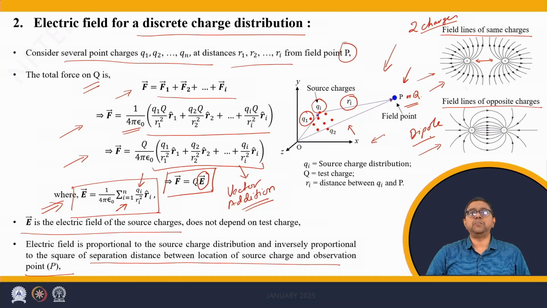This is a dipole configuration where we can see the field lines emanating from the positive charge and converging on the negative charge. Whereas in the case of the coupled charges, the field lines tend to move away from the other charge's field lines.